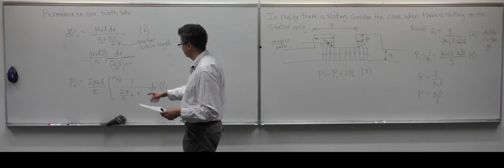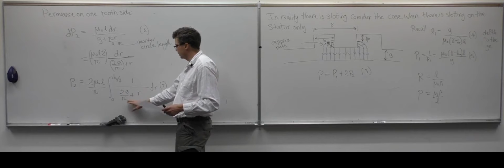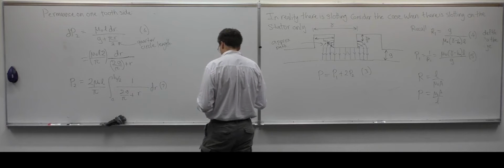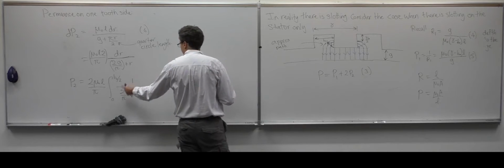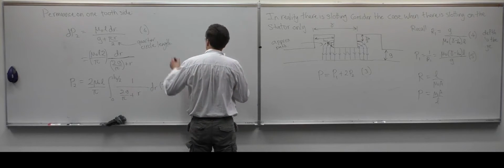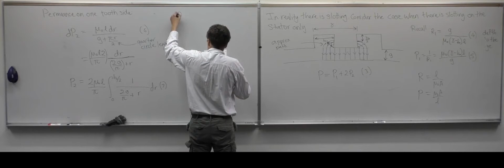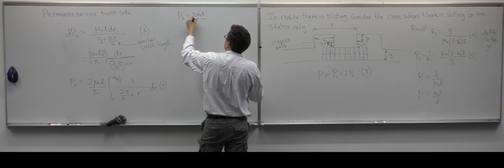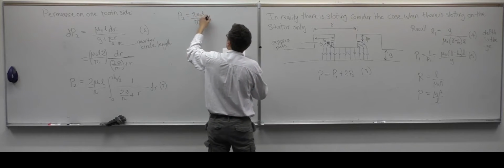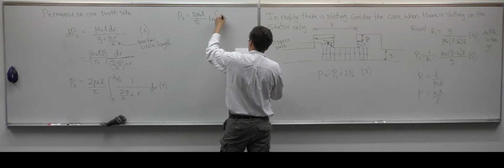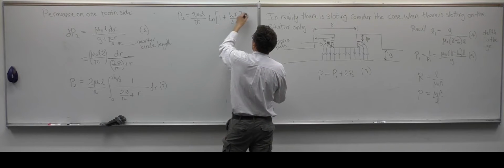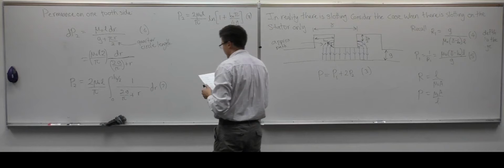Now this can be made into a constant, and then we can evaluate the integral. When we evaluate it from 0 to b naught over 2, we get P2 is equal to 2 mu naught L divided by pi log of 1 plus b naught pi divided by 4g, like that. Call that equation 8.